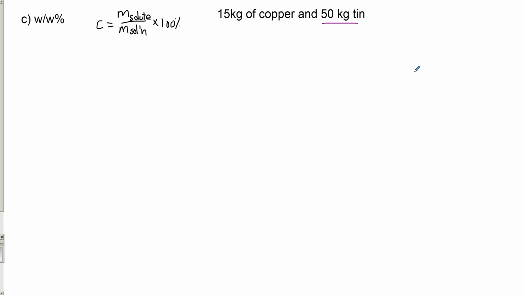So if I have 15 kilograms of solute, and I'm just going to say 15 kgs of Cu, now my total solution would be 15 plus 50, that's 65 kgs, and I'll say of solution multiplied by 100.